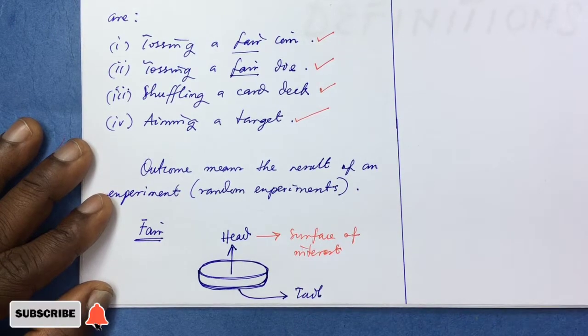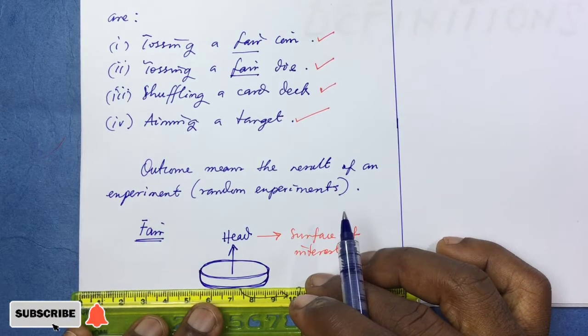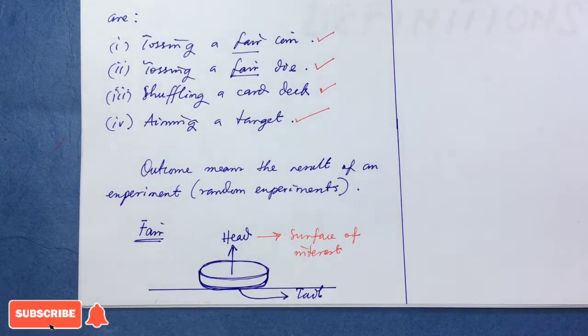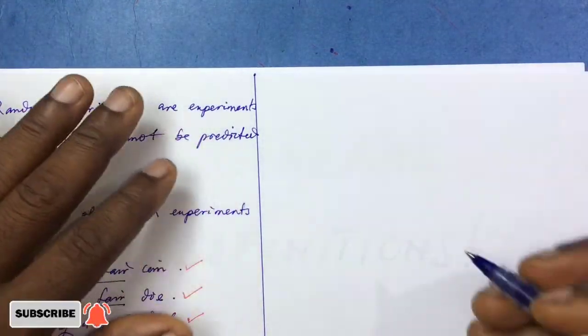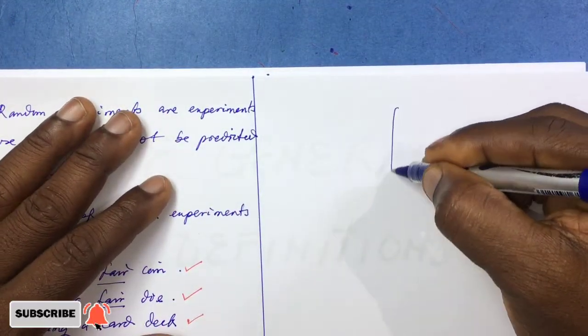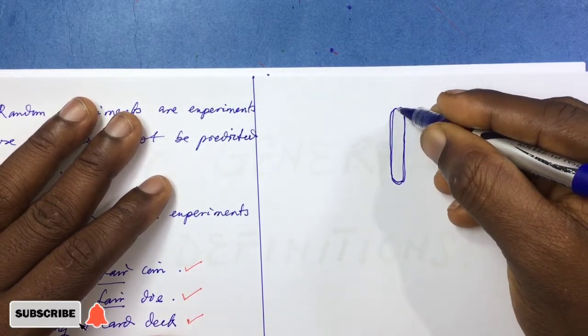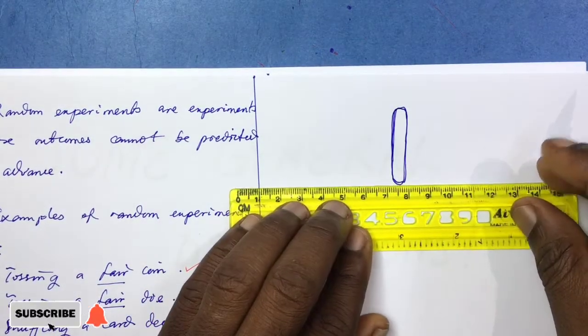So what we call a fair coin is a coin that can land either on its head or on its tail. Now that eliminates the possibility of this type of coin. We can't have a coin that is tossed and stands erect after tossing.